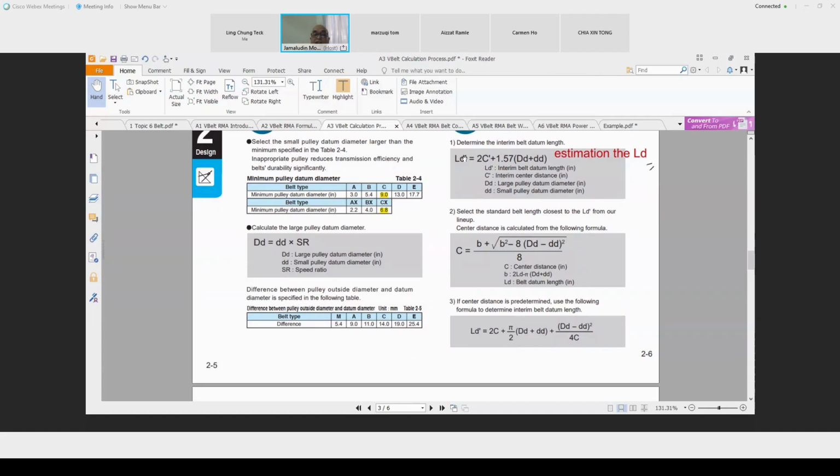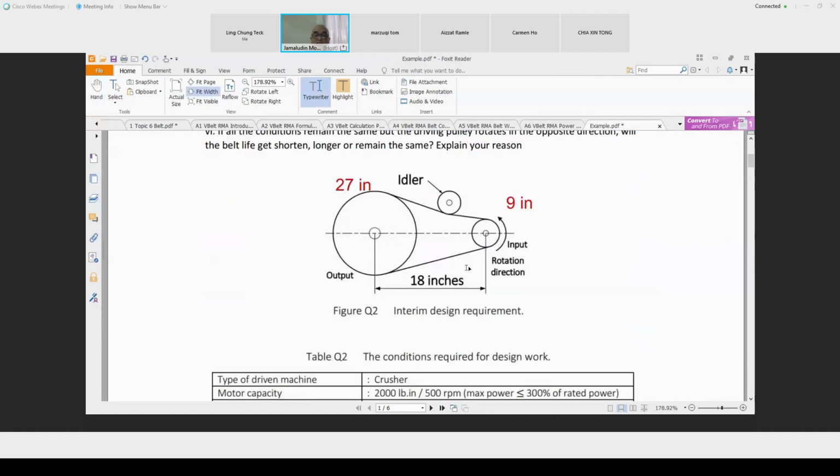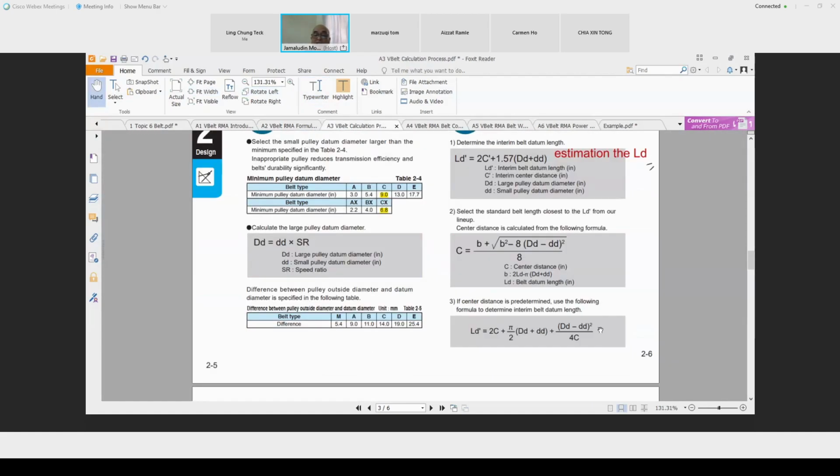That is our case, is it right? Because we have determined the center to center will be 18 inches. Now we have to use equation number 3. Because the center to center is predetermined, use the following formula to determine the interim belt datum length.